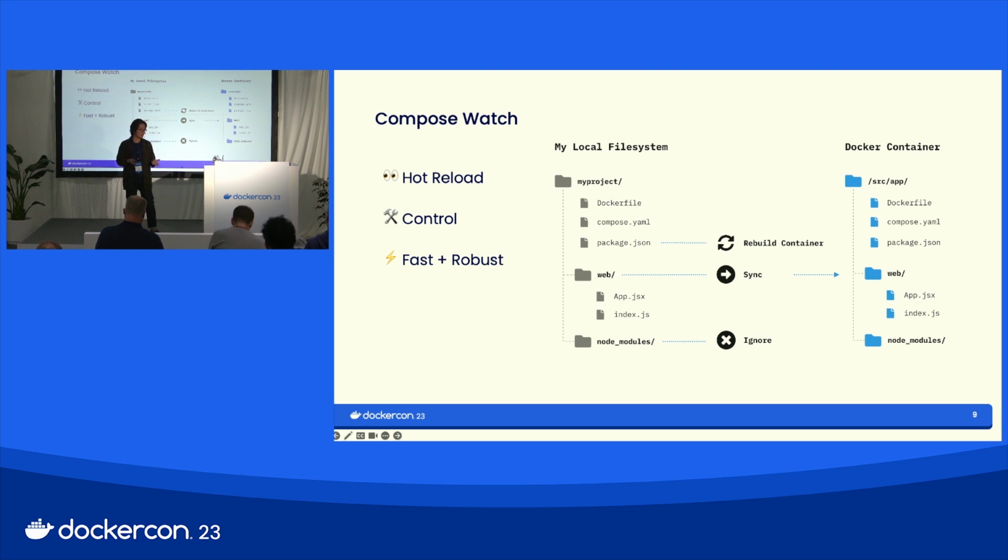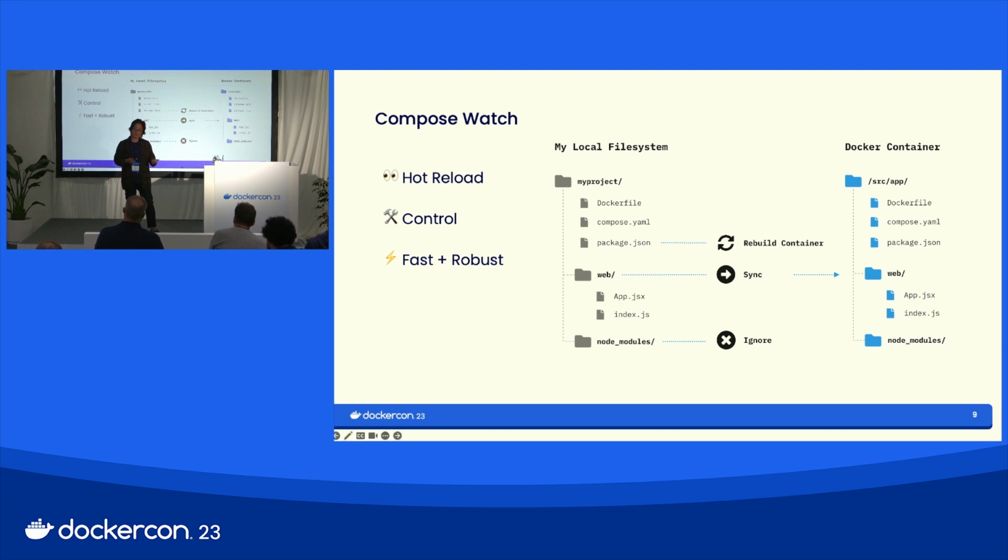Like if you have a humongous node_modules folder, you might want to be able to do some testing in the container, or redo a yarn install or something, that doesn't immediately require that it is synced back. So that degree of control, the development scenarios where you would benefit from that control, is where we're thinking of building Watch.